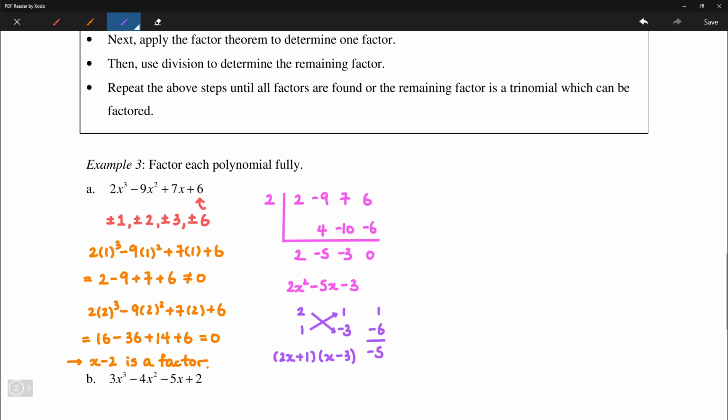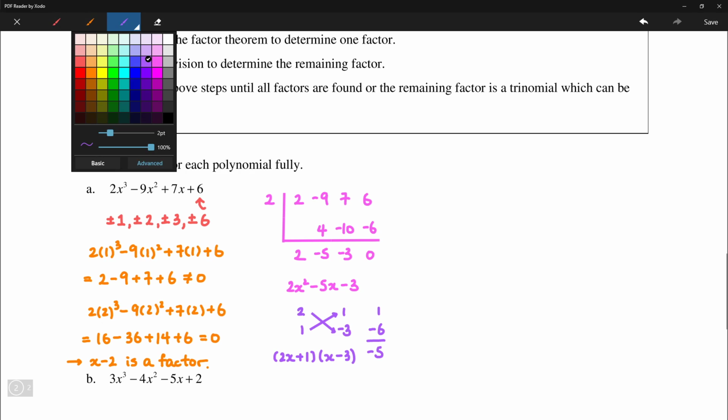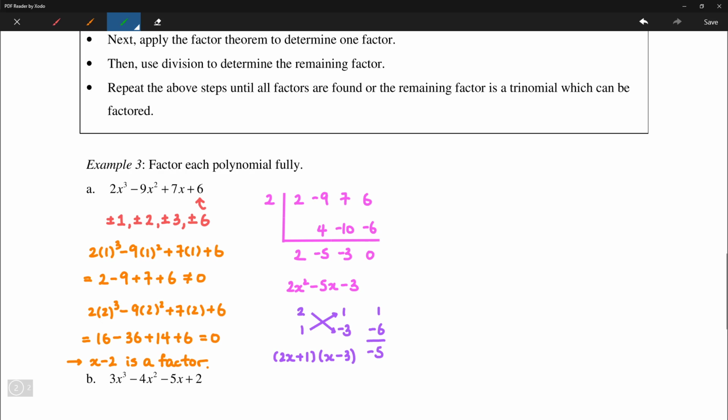And so taking all 4 steps together, the first step was, of course, finding the possible factors, determining one that works, and then synthetic division, and finally factoring the resulting trinomial. Taking that all together, the original cubic polynomial is now factored completely.